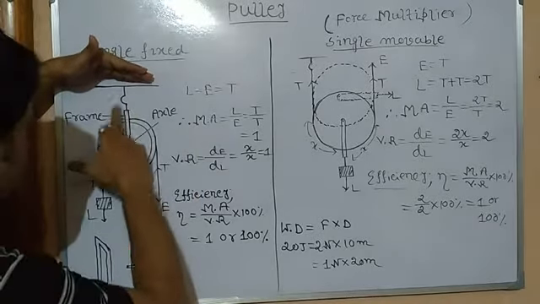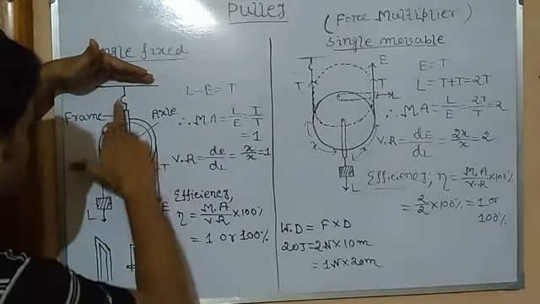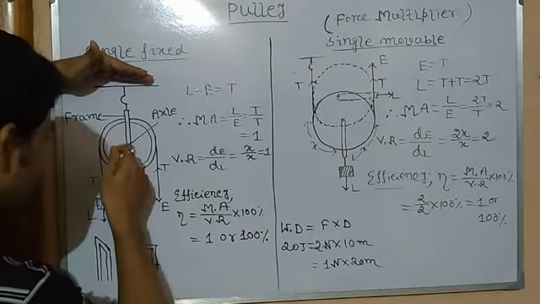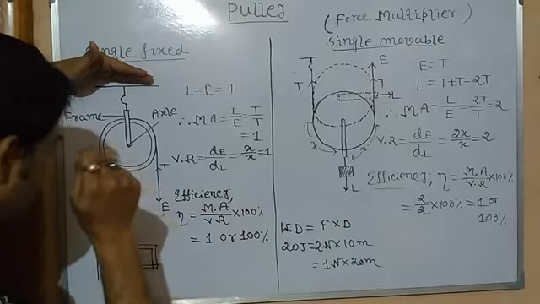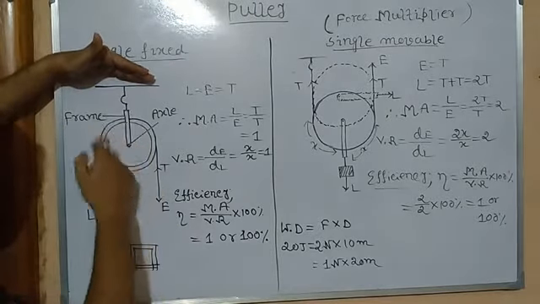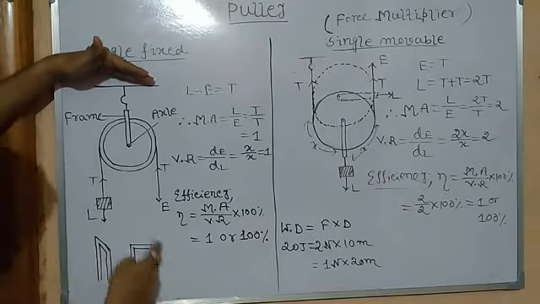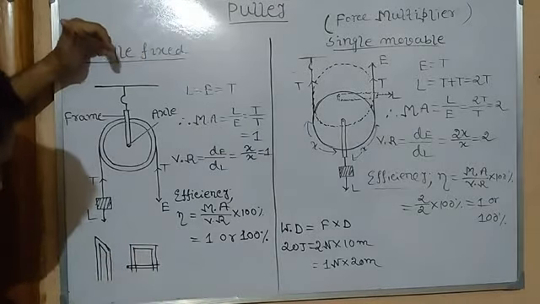This is called the frame, made of iron, and this is called the axle, which is fixed generally by a nail. This is the front view of the frame and the axle. Here you can see the wide view of the frame along with the axle.